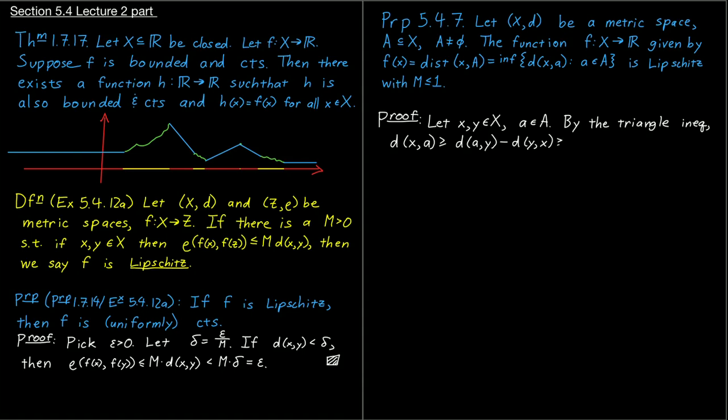But then the distance from a to y, that's the distance from y to a, that's at least the infimum of all the distances from y to, I suppose I'd better use a different letter, y to alpha, such that alpha is in A. Oh, we've still got to subtract off the distance from y to x.